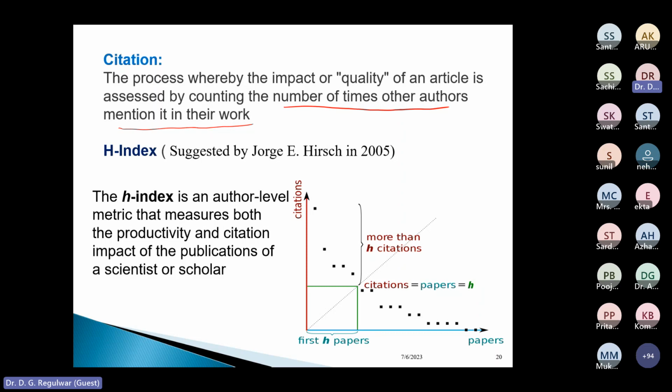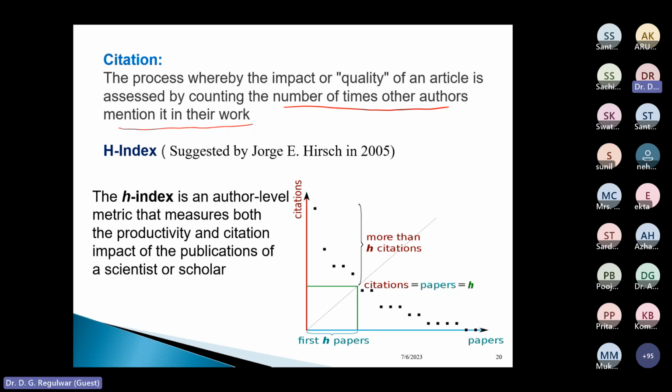I have published a very good paper, but if no one is using it, maybe it is read by 1,000 research scholars, but no one has mentioned my work in their paper, what does it mean? My citation is 0. That means my topic, my problem statement, should be such that it is useful to the society, useful to the stakeholders, so that everyone will use it.